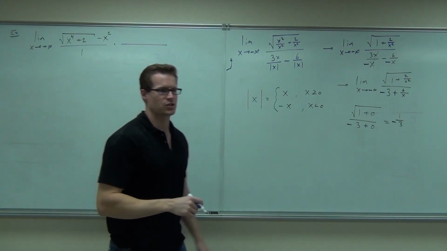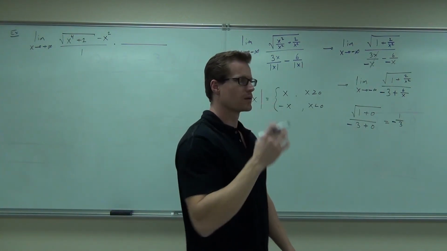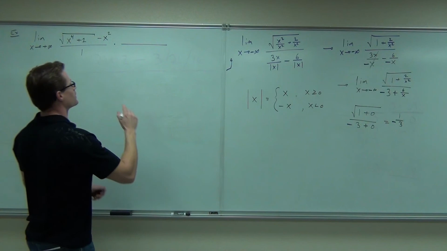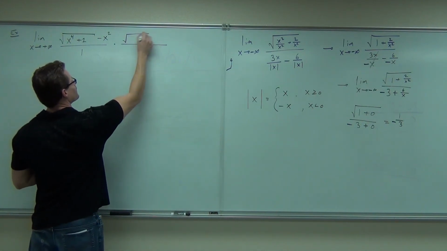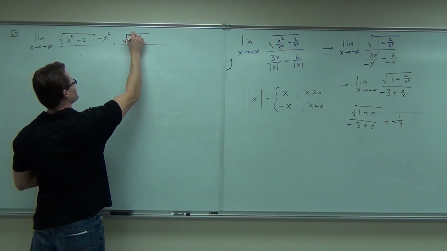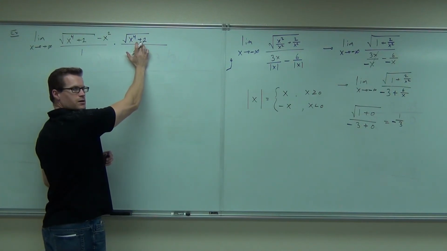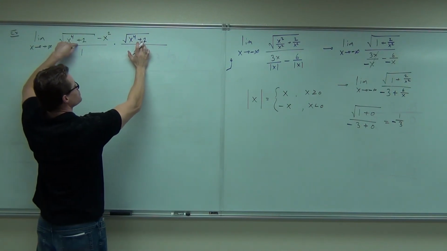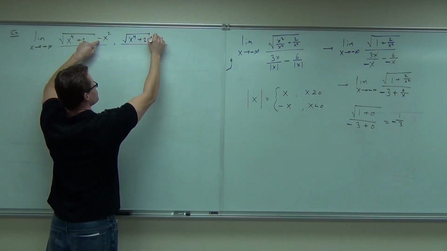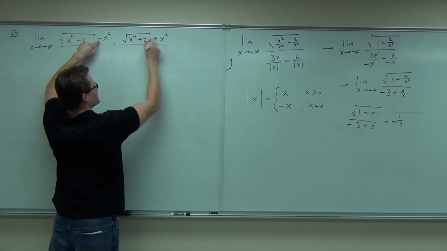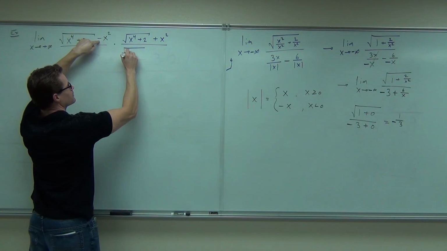Then you're going to try to rationalize. Conjugate. Very good. Conjugate, if you want to be fancy about it. Is it plus 2 or minus 2 there, by the way? Plus 2. Good. So this sign doesn't change. This sign does change. And it's over exactly the same thing.